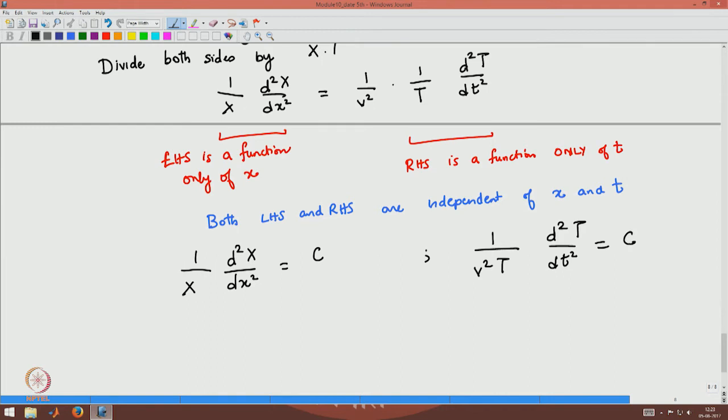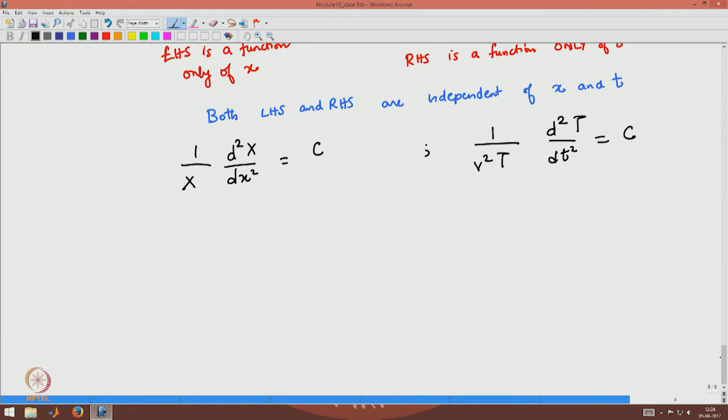Thus both the left hand side and the right hand side are constant, and now you get two ordinary differential equations. After separating variables, this is an ordinary differential equation that only involves x, and this is an ordinary differential equation that only involves t.